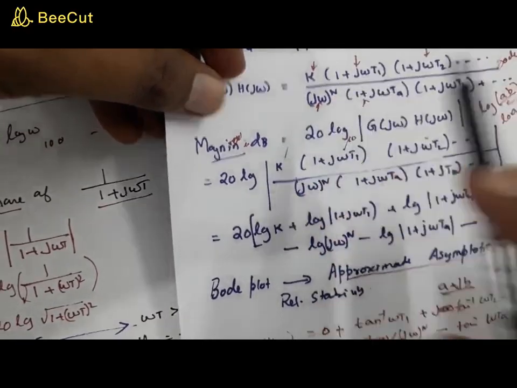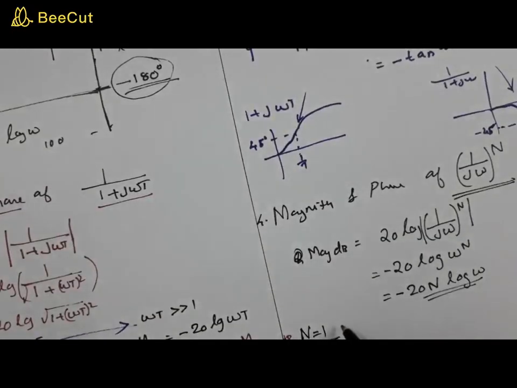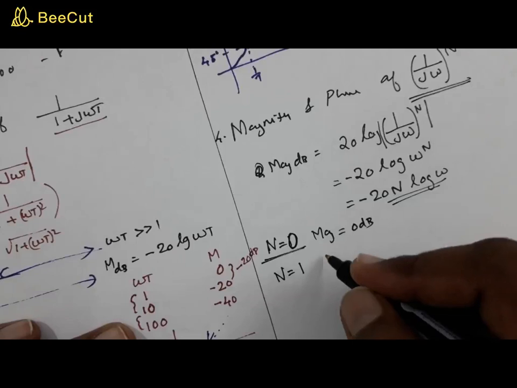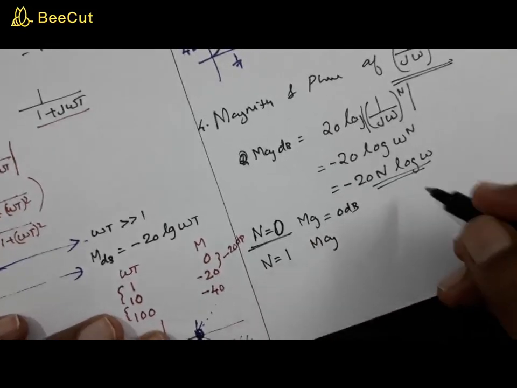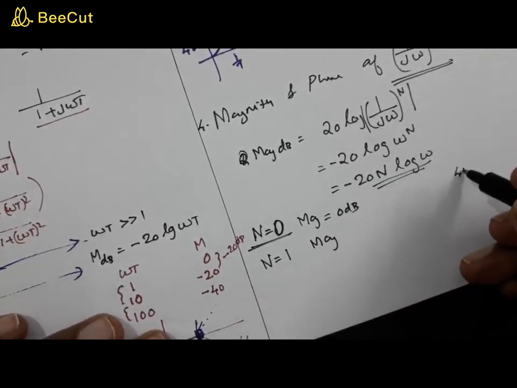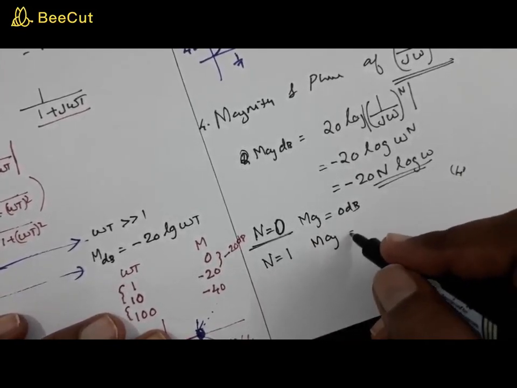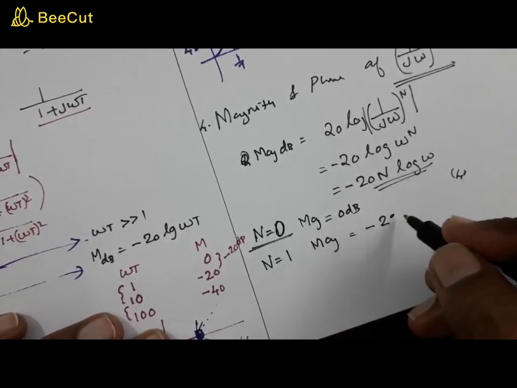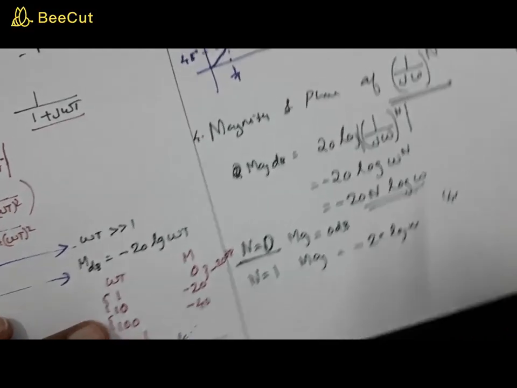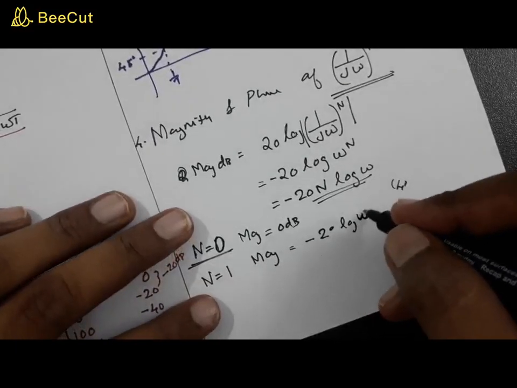N refers to the type of the system. Now assume that you have a type 1 system. In the case of a type 1 system, the magnitude is going to be minus 20 log omega. This is very simple.